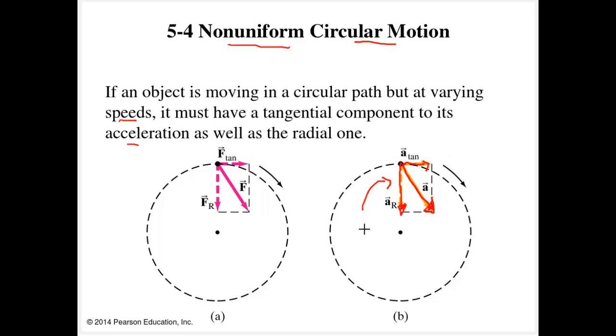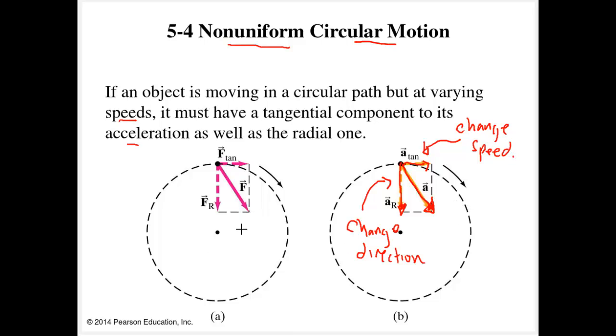What the radial acceleration does is that's going to change the direction. What the tangential acceleration is going to do is it's going to change the speed at which an object goes around the circle.